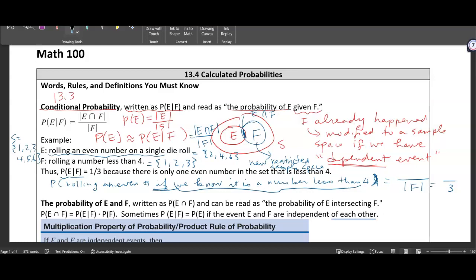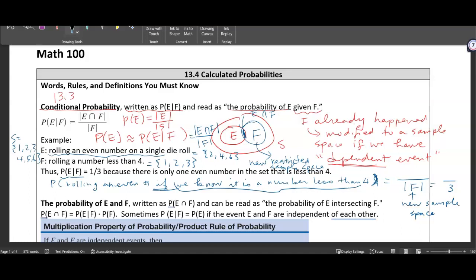That's the given. And so the numerator is supposed to be E, but it has to be the part of E that is in the new sample space, right? This is the new sample space, if it's a given. Not all of E, not all of 1, 2, 3, 2, 4, 6 is in 1, 2, 3, right?